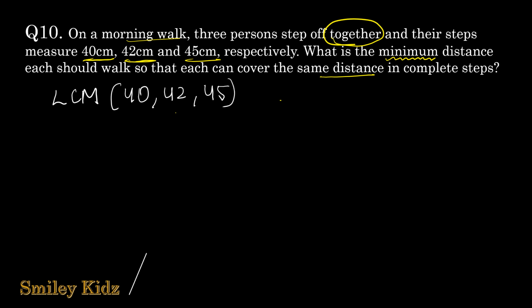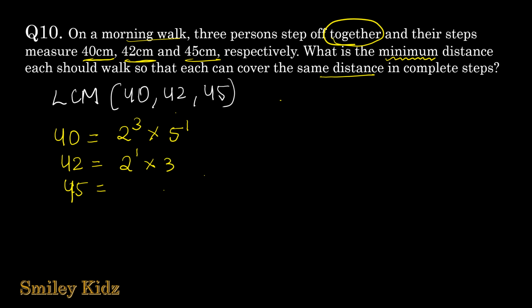Now, to find the LCM, we must find the prime factors of each, right? So the prime factors of 40 are 2 cube into 5 to the power of 1. For 42, we have 2 to the power of 1 into 3 to the power of 1 into 7 to the power of 1.